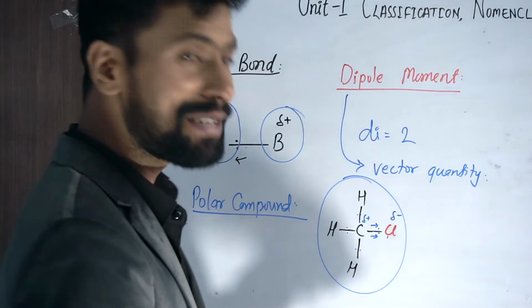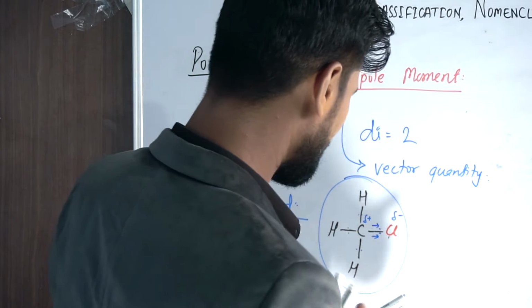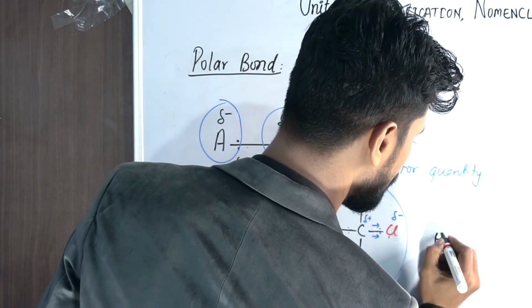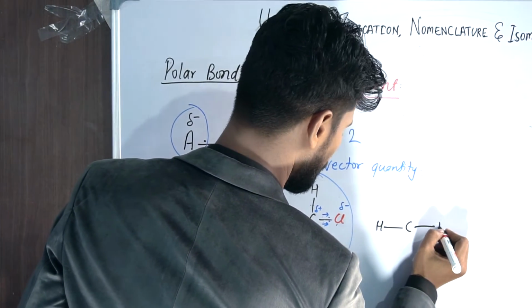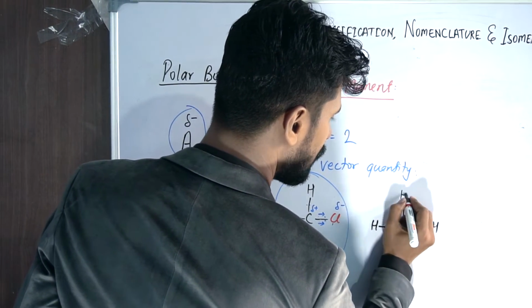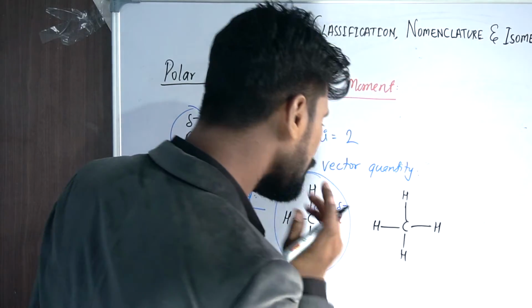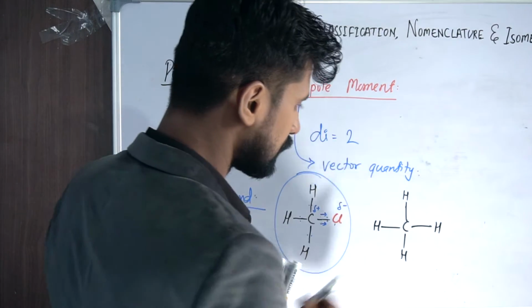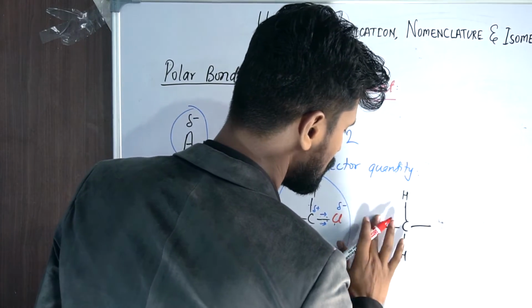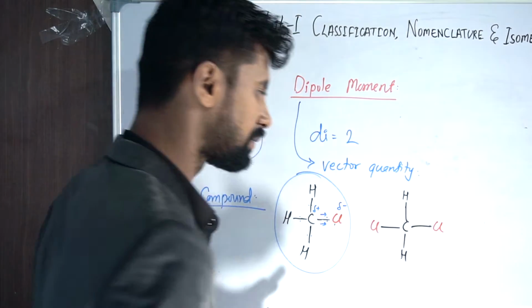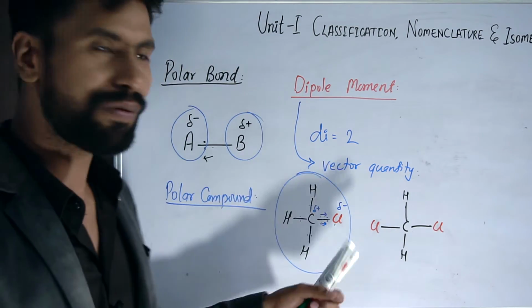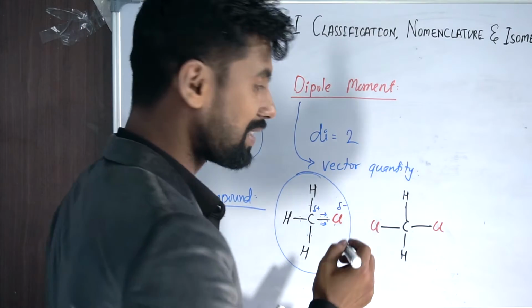Now I will give another example. So suppose the same, hydrogen, carbon, here is hydrogen, here is also hydrogen. Now I am going to replace these two hydrogens with chlorine, right? Now what you can see here is two chlorines, right?